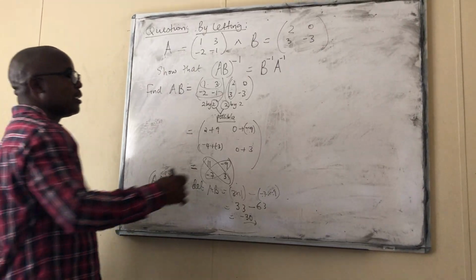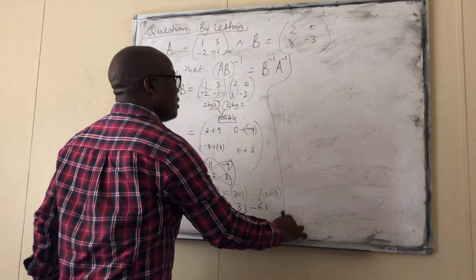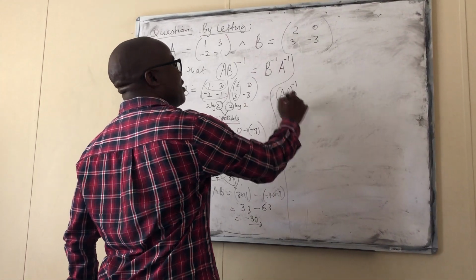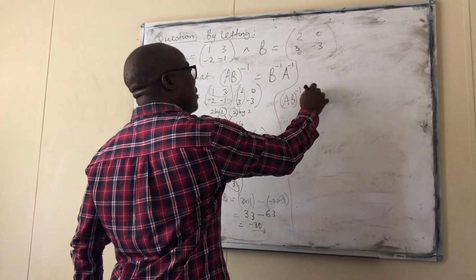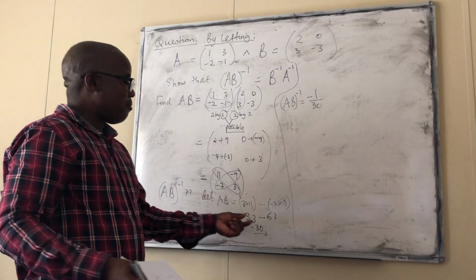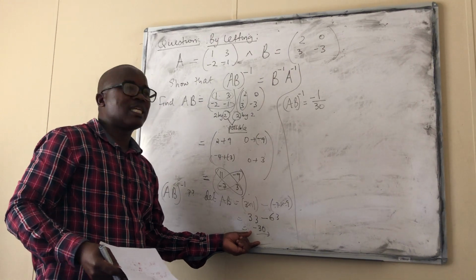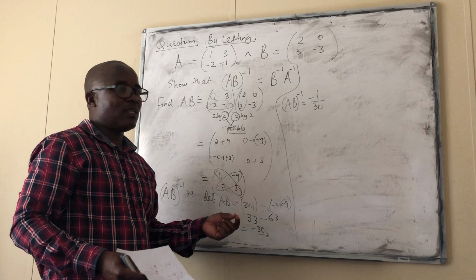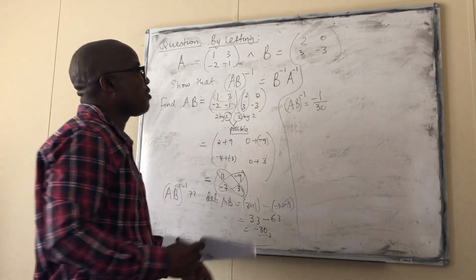How do you find the inverse? The inverse of AB is minus 1 over 30. So you multiply by the reciprocal of the determinant. The reciprocal of minus 30 is 1 over negative 30. You invert it, it's minus 1 over 30.